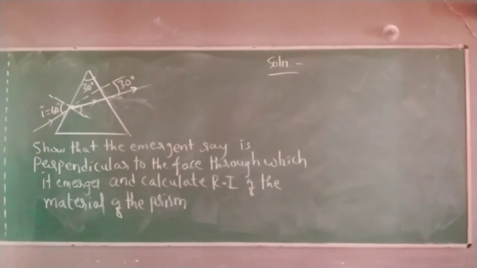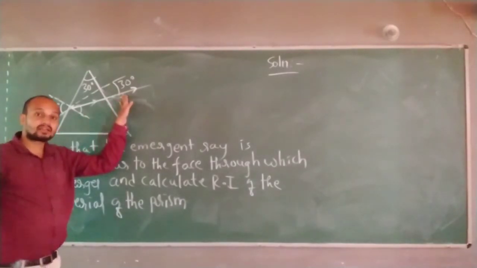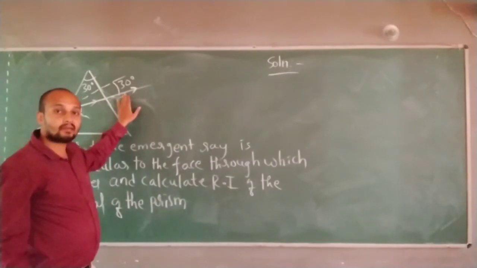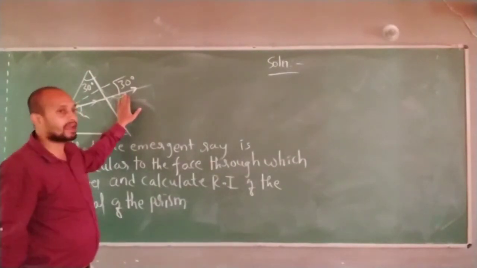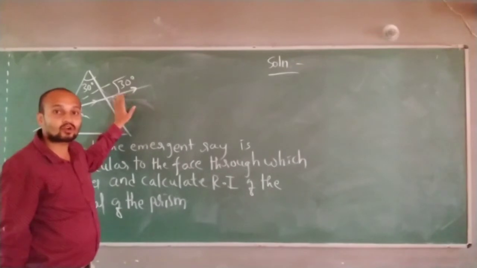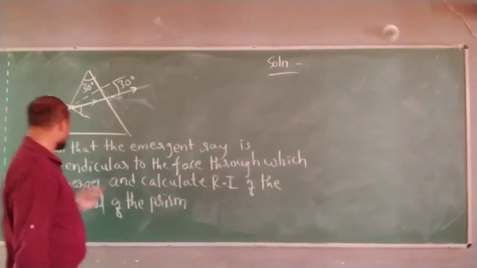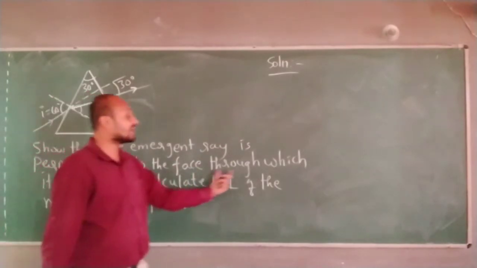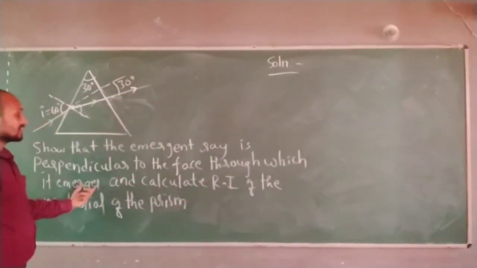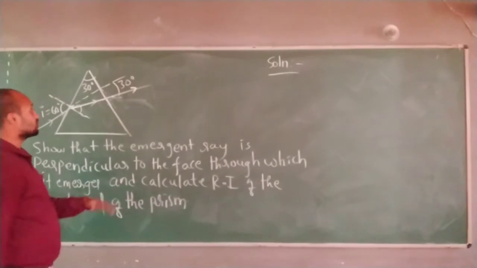What is the angle made by the incident ray and emergent ray? That is 30 degree, which means this is the total deviation. Show that the emergent ray is perpendicular to the face through which it emerges and calculate the refractive index of the material of the prism.